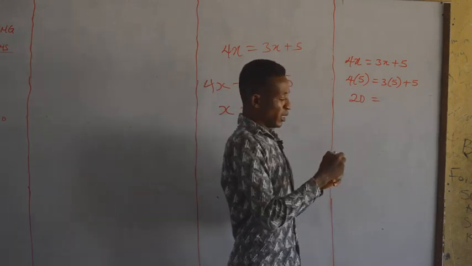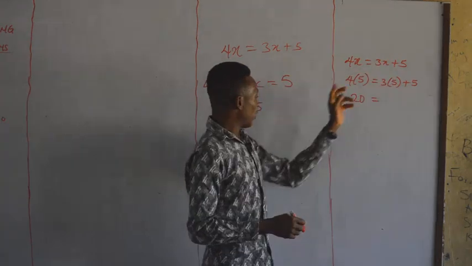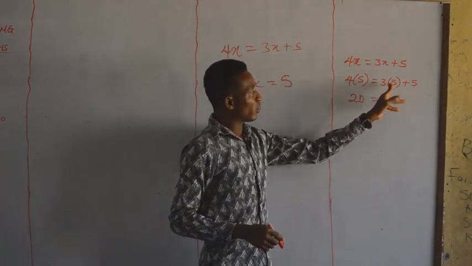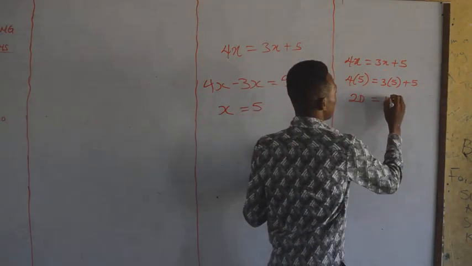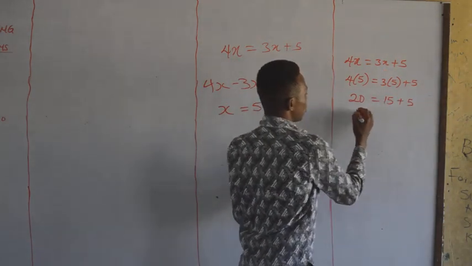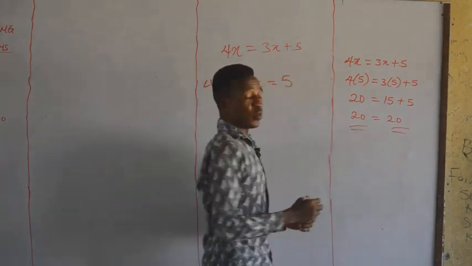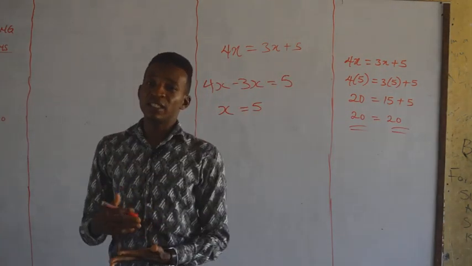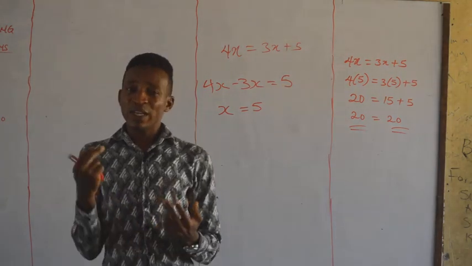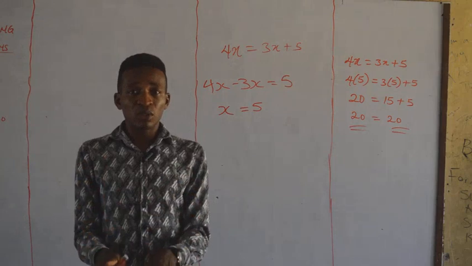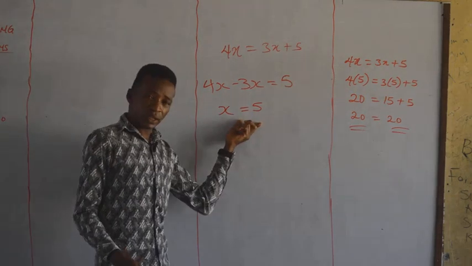Then equals, here we have 3x, and our x from what we solved is 5. So that becomes 3 into bracket 5, which gives us 15 plus 5. So we have 20 equals 20. That means the LHS is equal to the RHS. Now whenever you solve and your LHS is the same as the RHS, that means the solution you solved here is correct.